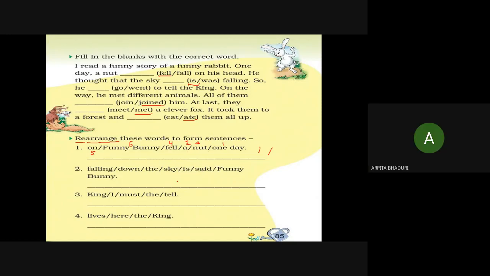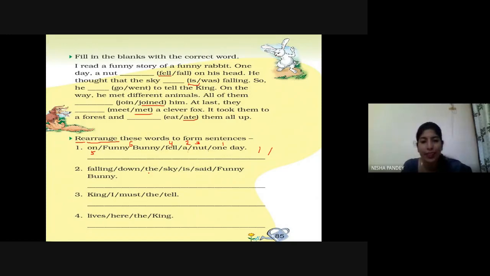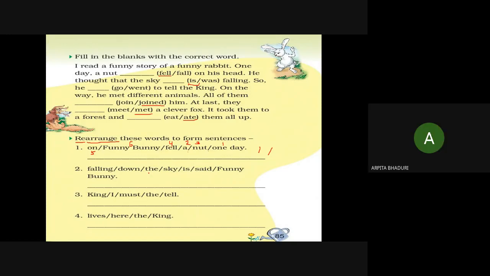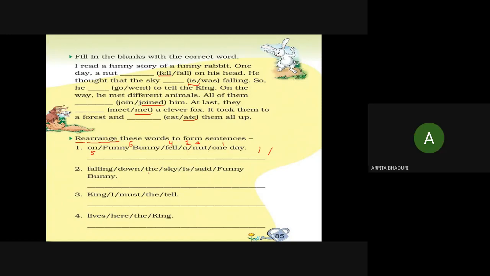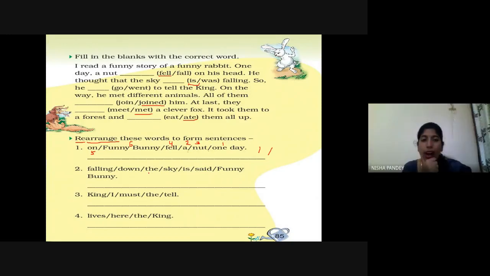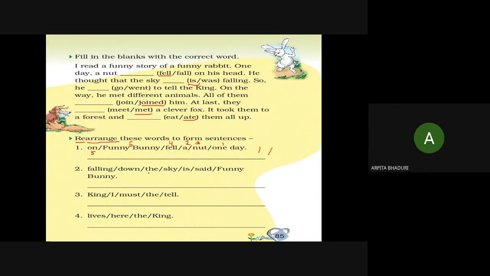मैम पहले the होगा. Okay. One, the. You tell me the sentence. The sky is falling down, said Funny Bunny. Okay. Or can we write it? Funny Bunny said, the sky is falling down. Yes, ma'am.